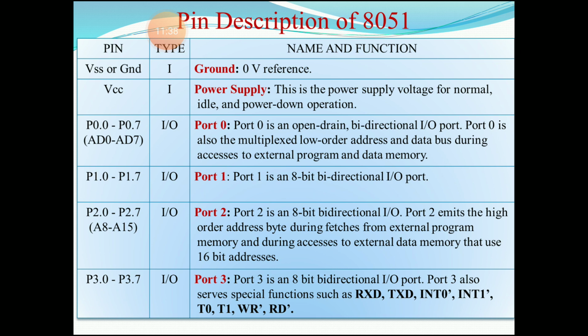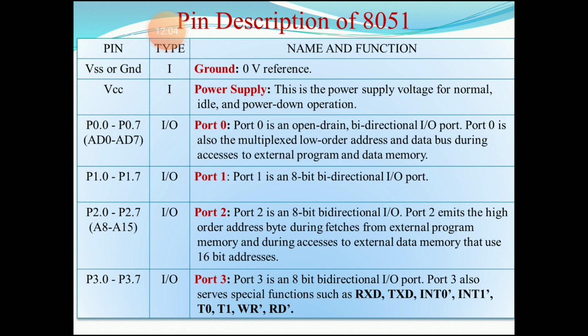Now let us see the pin description of 8051. VSS or ground, nothing but 0 volts reference, is connected to the pin. VCC, the power supply, plus 5 volts is connected to that pin. Port 0 is multiplexed with address and data lines. It is used as bidirectional IO lines or as address and data lines. And port 1 is an 8-bit bidirectional IO port.